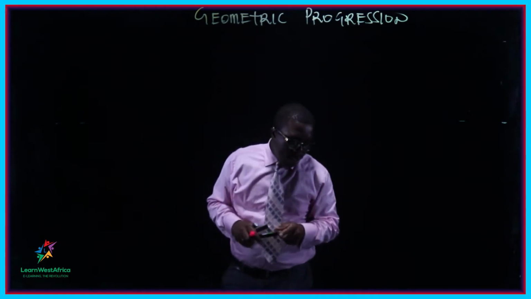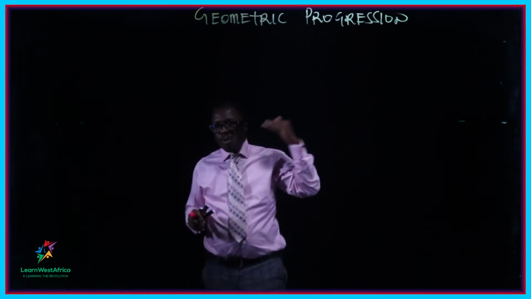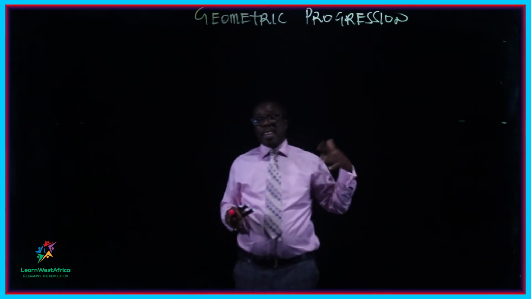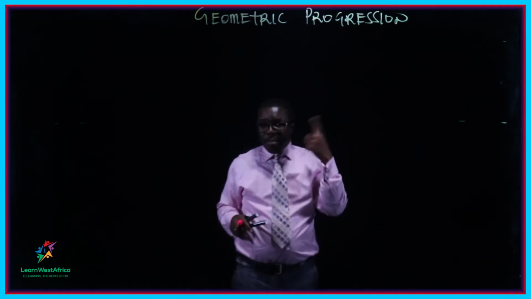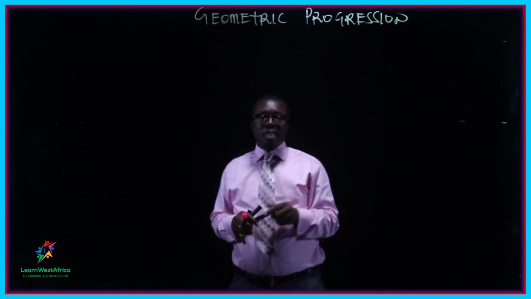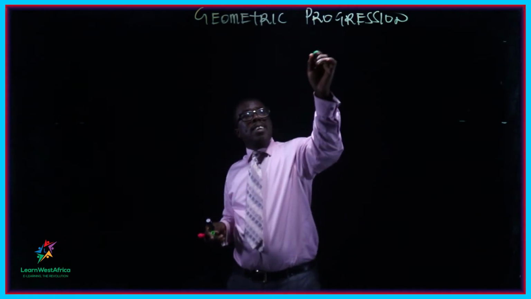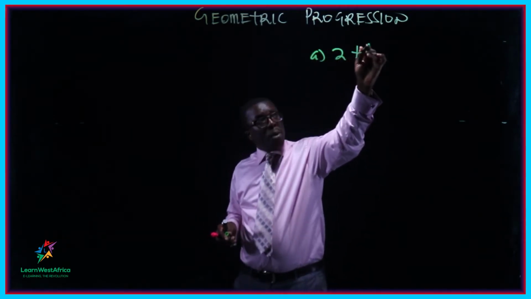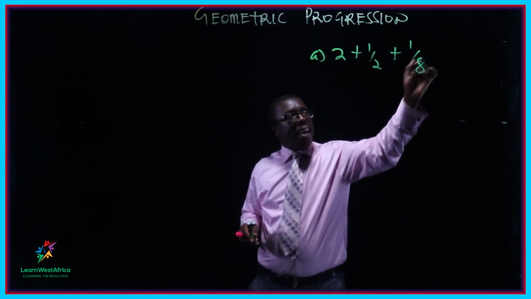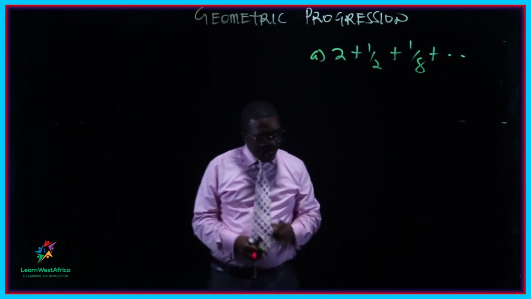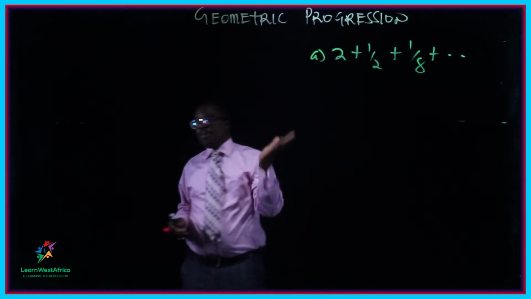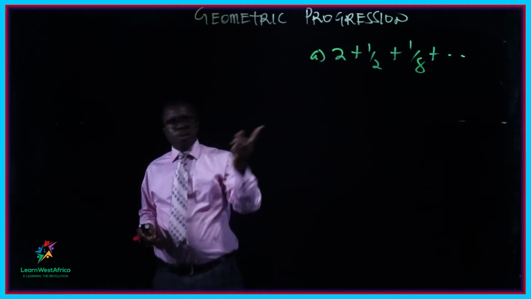The problem says that we have two kinds of sequence and we want to find the sum to infinity. Watch out for whether the sum to infinity is even reasonable in this regard. The first part says we have 2 plus 1/2 plus 1/8, and it goes on. Do we even have a sum to infinity here?